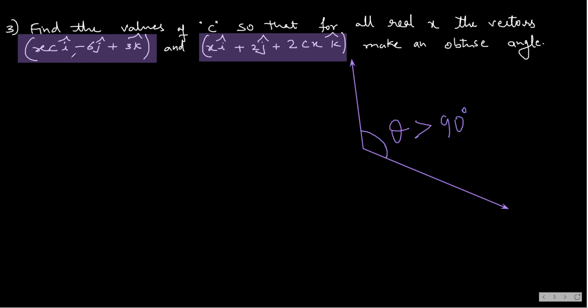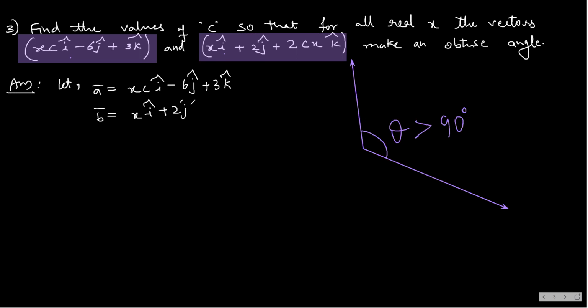I will take this vector as A bar and this vector as B bar. So let me start as follows. I will begin with the solution. I will write, let A bar equal xc i cap minus 6 j cap plus 3 k cap, and this one I take as B bar, x i cap plus 2 j cap plus 2cx k cap.